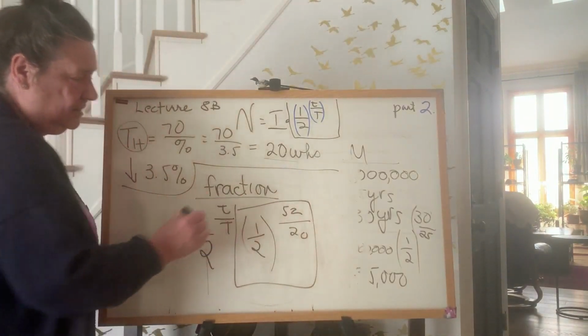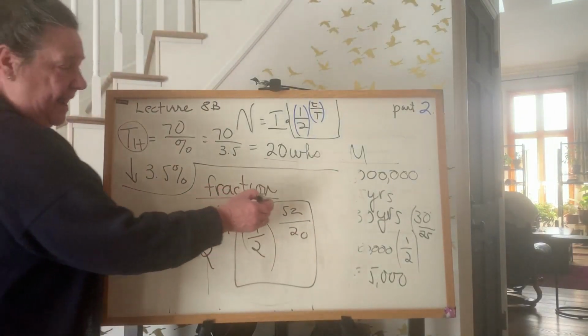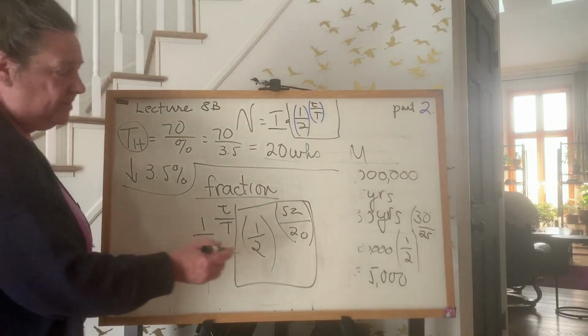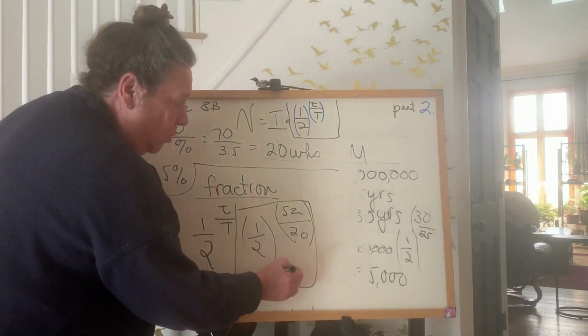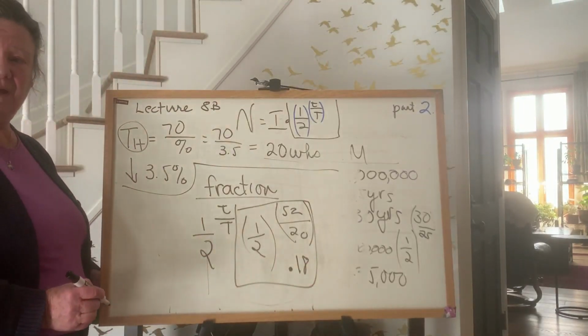This is the factor. When you work that out, with parentheses around both, it becomes 0.18. Okay?